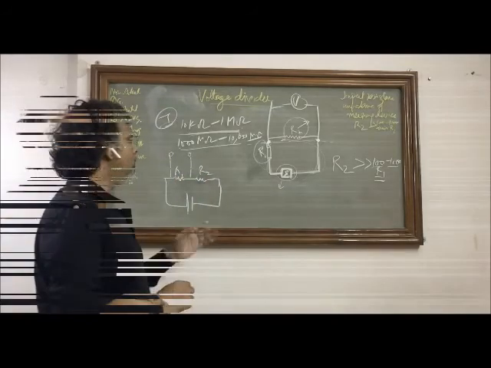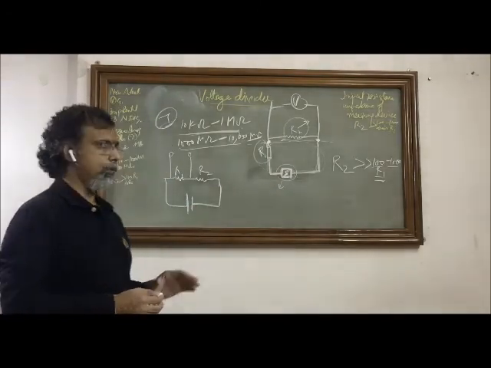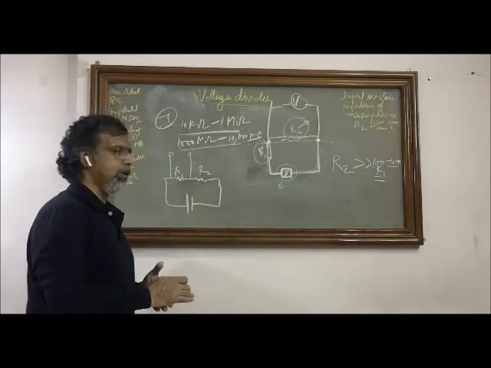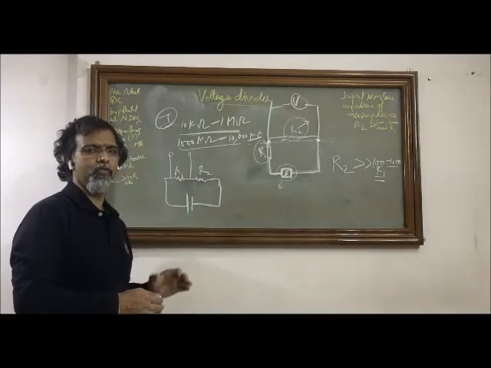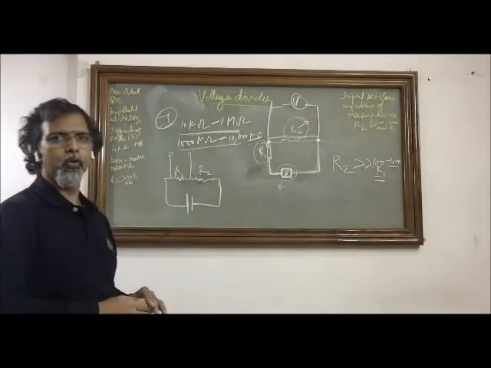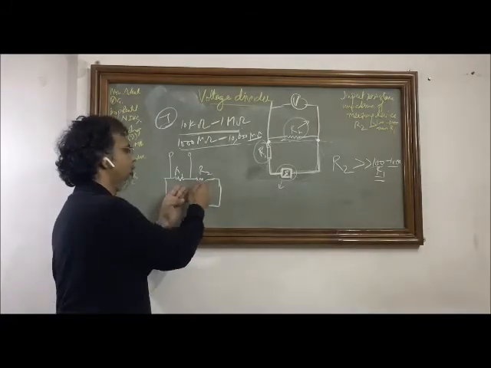So now we know what is a voltage divider or a potential divider. Basically, it is an arrangement of resistors, and each resistor is a patch or part of the circuit which has very high resistance. These are the areas where the majority of the energy is consumed, or the majority of the potential drop takes place.